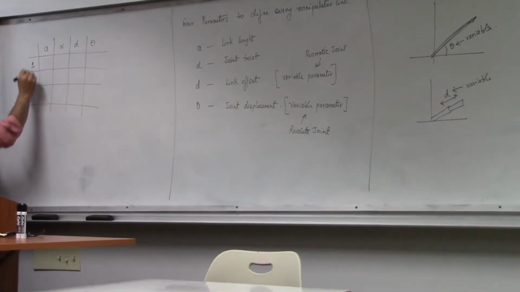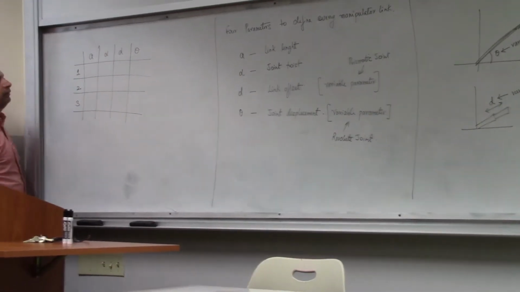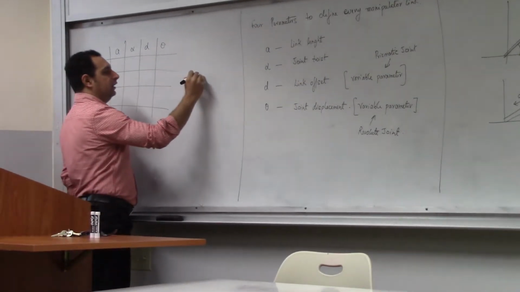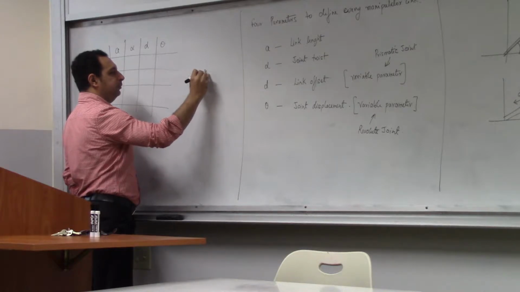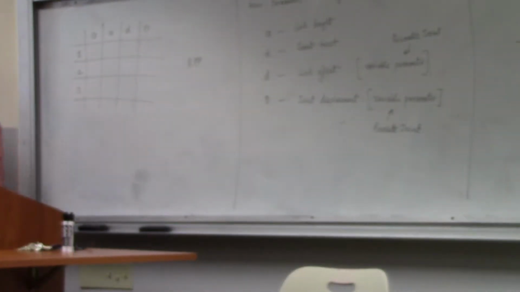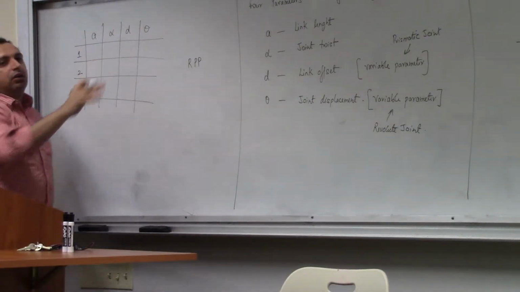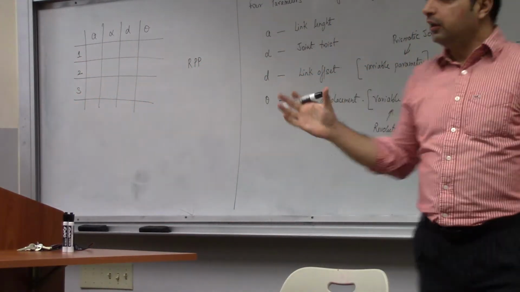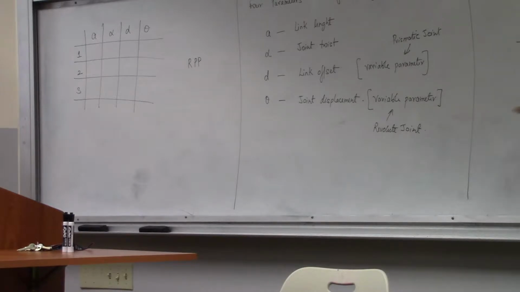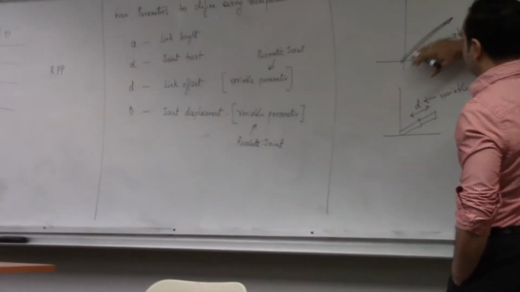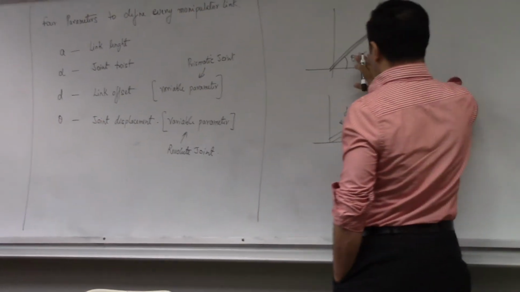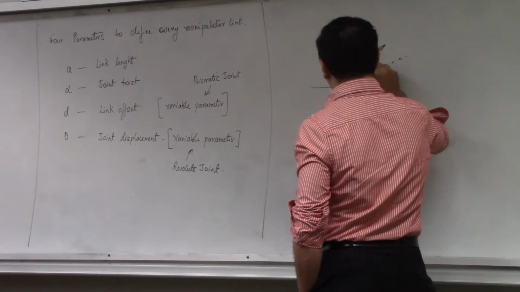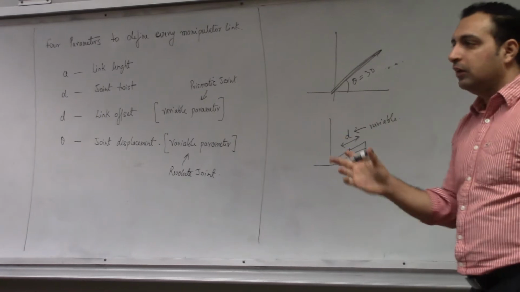So this is link 1, link 2, link 3. Let's say an RPP manipulator. Now if all of them are constant, that means it's a rigid link, and there is no motion associated with it. If theta becomes constant, say 30 degrees, then there is no motion. It's fixed.